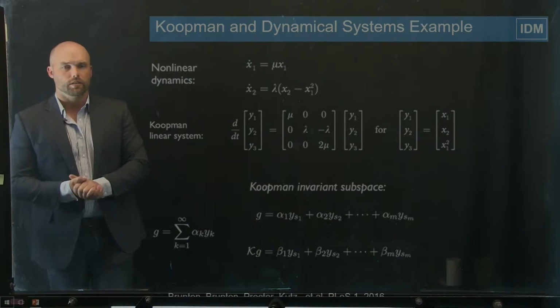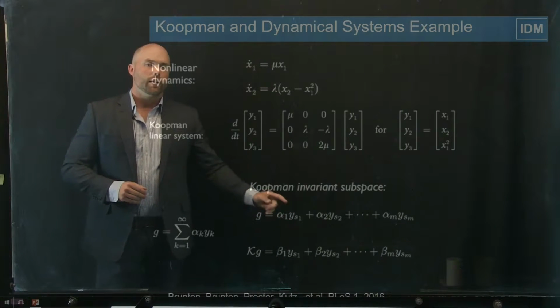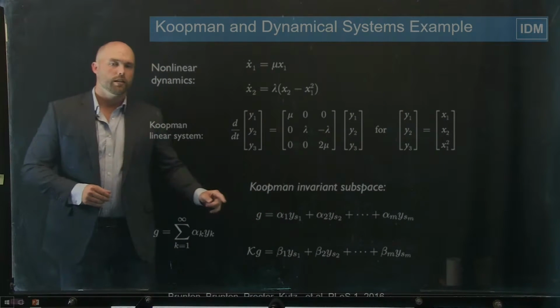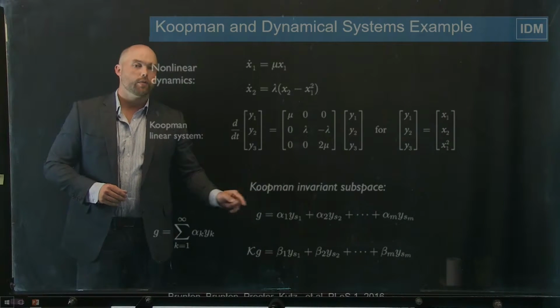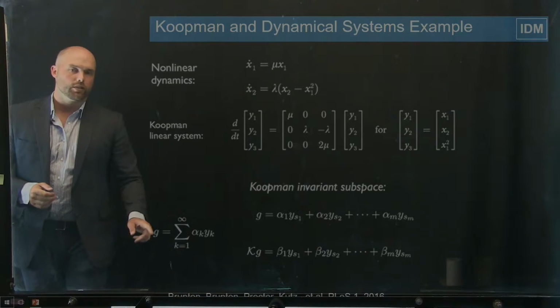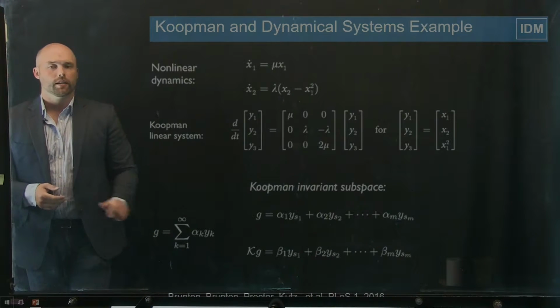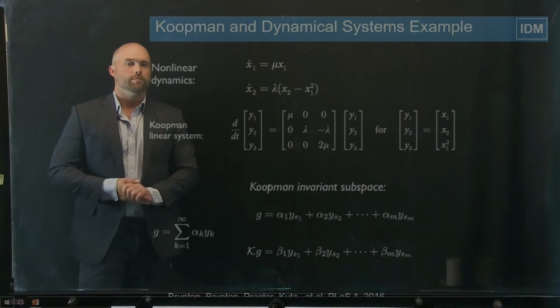What's happened here is that we found a set of scalar valued observable functions that when we apply some operator K here, we actually stay within that subspace. So we've found this Koopman invariant subspace where each observable function can be written as a linear combination of the other measurement functions.